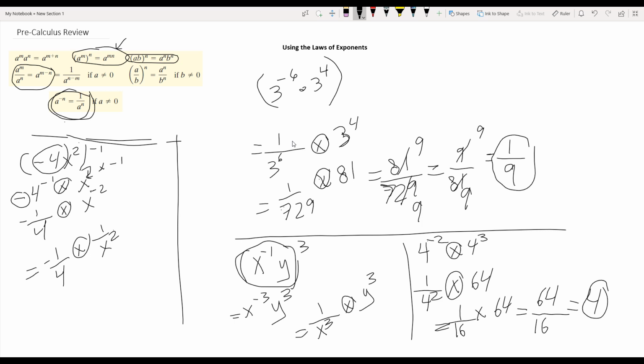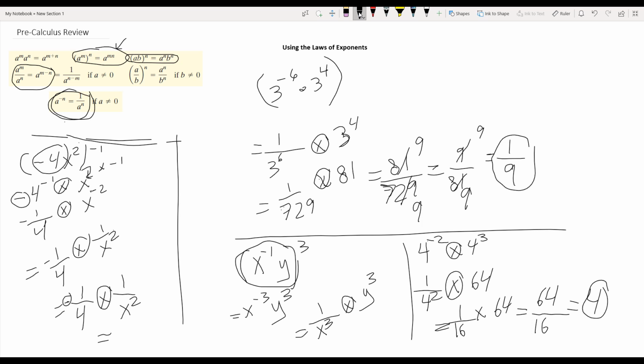Okay, so what is the result? Well, when you multiply those two, you will get 1 over 4. One over 4, remember the negative sign that we have here, times 1 over x squared, right?